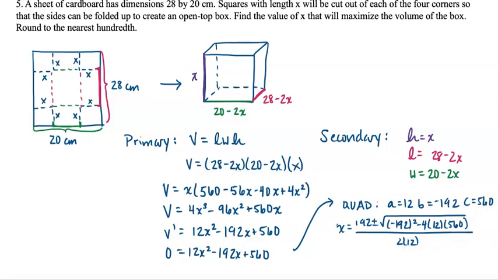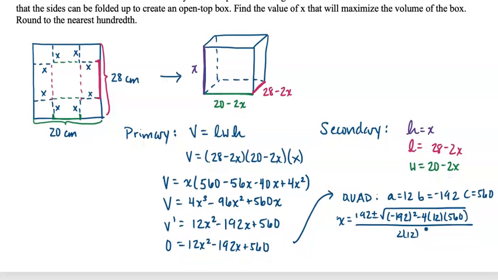Just doing this in the calculator, we get that this discriminant, 192 squared minus 4 times 12 times 560, is going to be the square root of 9944, which is about 99.91. So we're going to have x is equal to 192 plus that divided by 24.